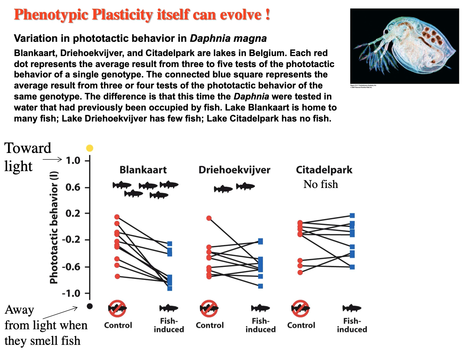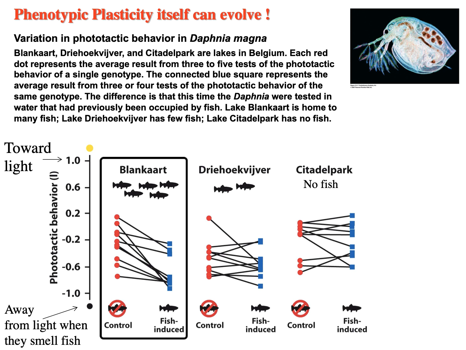One line had been never exposed to fish or the smell of fish, so they had no knowledge that the fish were predators, and those are the red dots. And the other ones are ones that had been exposed to fish and knew that the fish could try to eat them. So in one lake that had a lot of fish, and then they took the fish out, so it still had the smell of fish.